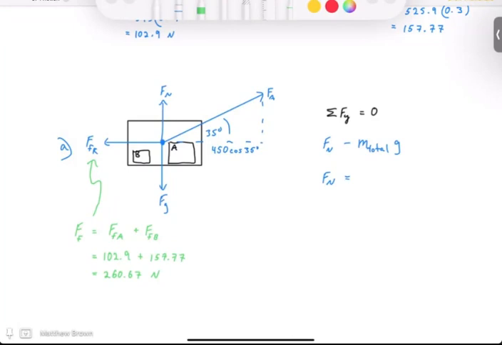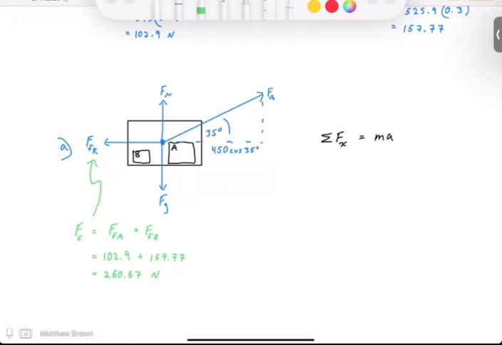So I don't need this anymore. Now, if I just look in the X direction for this, I can look at this as sort of a total mass. So I've got this part of the applied force pulling it forward.